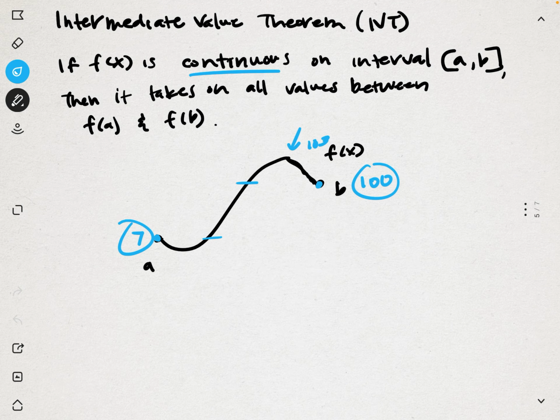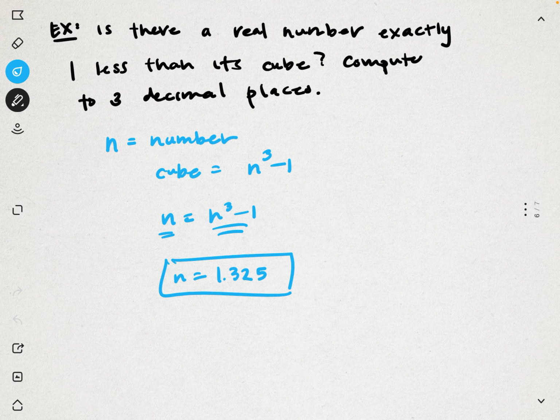Lastly, we ended up with the intermediate value theorem. For a continuous function over an interval from a to b, the function takes on all values between f of a and f of b. We used that idea to show that there is an answer to this problem, because of the intermediate value theorem.